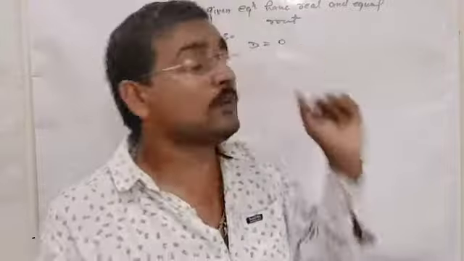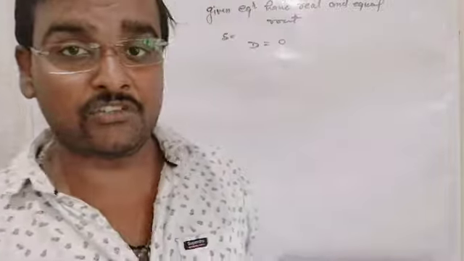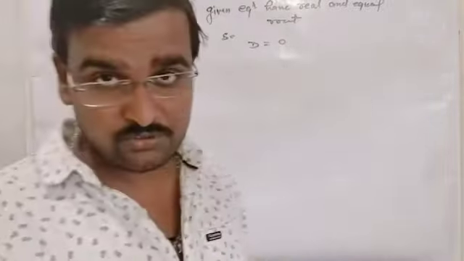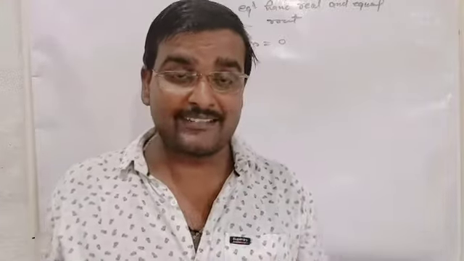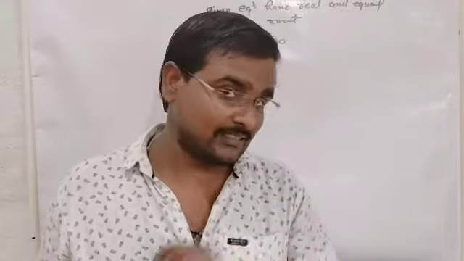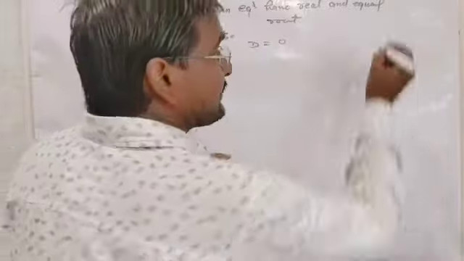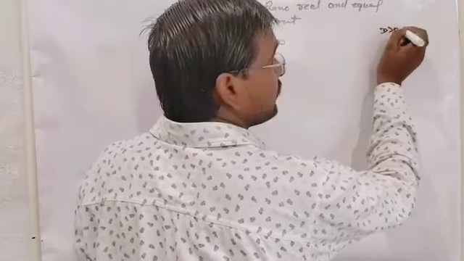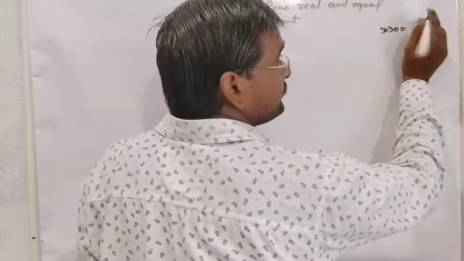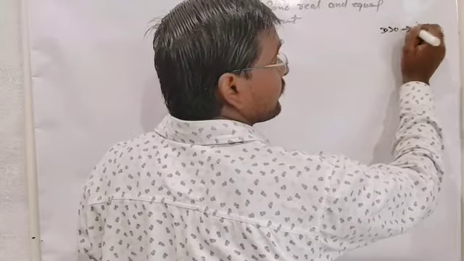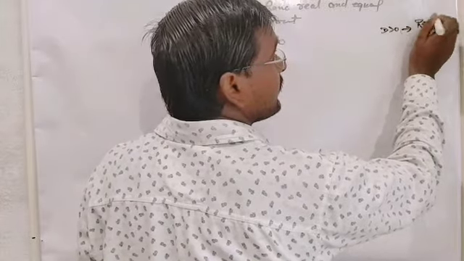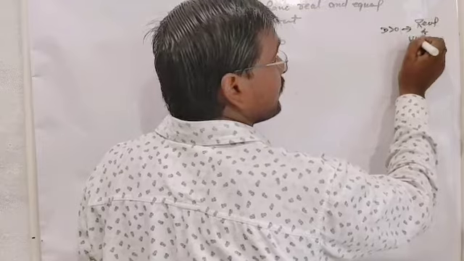The value of d falls into three conditions. In the first case, d is equal to 0; second, d is greater than 0; and third, d is less than 0. When d is greater than 0, the roots are real and unequal.